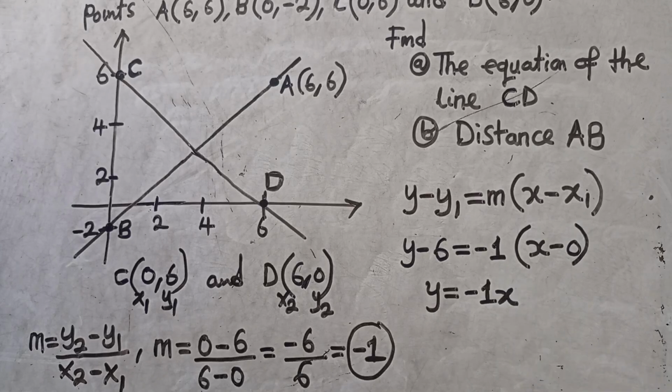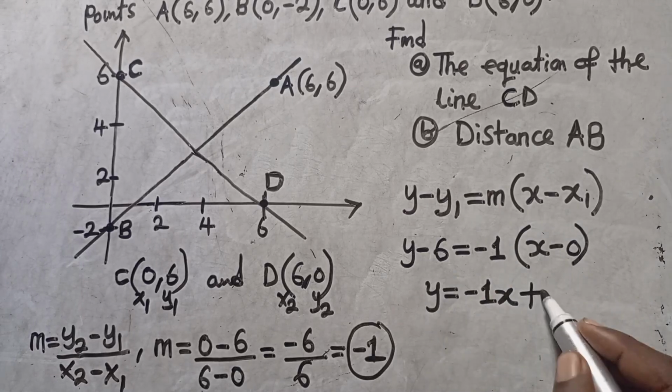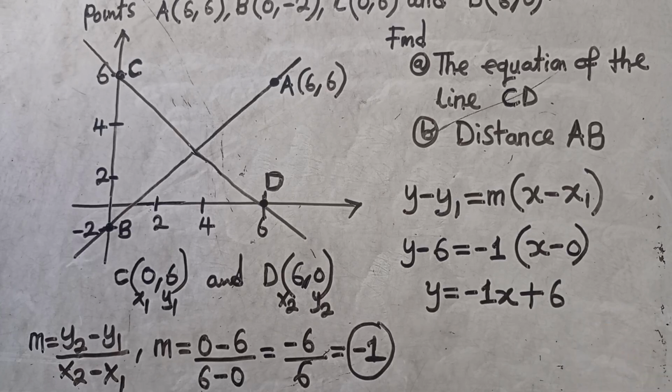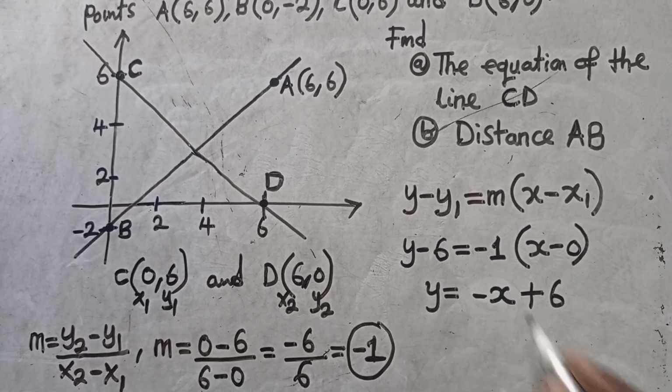I'm going to write it like this, maybe there are some people that don't understand. This 6, when it goes to the other side, becomes plus 6. There is nothing like negative 1x; it is just the same as negative x. When I say negative x, it is one and the same as negative 1x. The 1 is invisible, that's the term I can use.